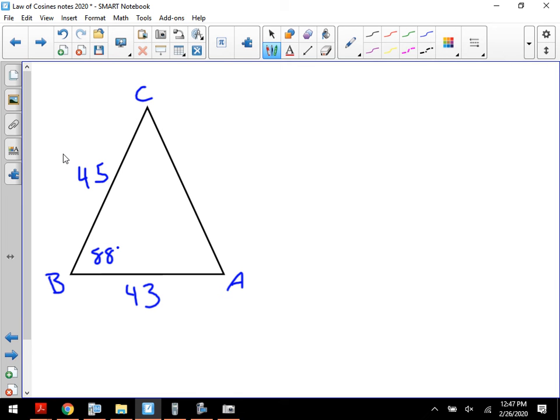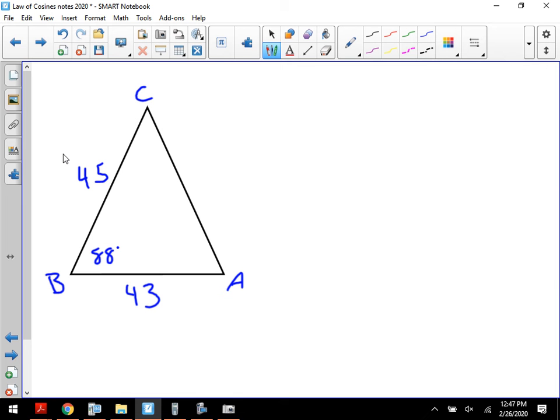So now we're going to start talking about what's called law of cosines. Law of cosines is when law of sines doesn't work. We're going to use it when you have side angle side, and we're going to use it when we have side, side, side.